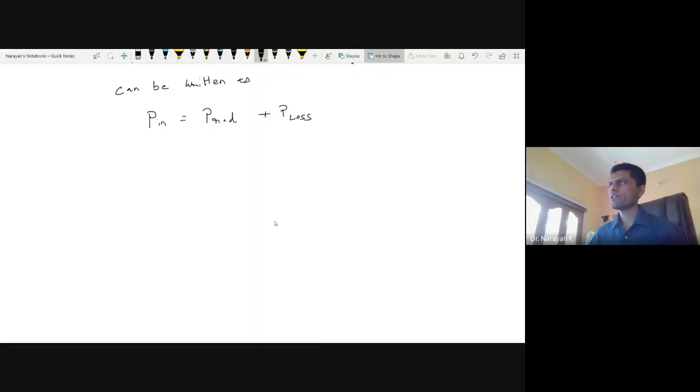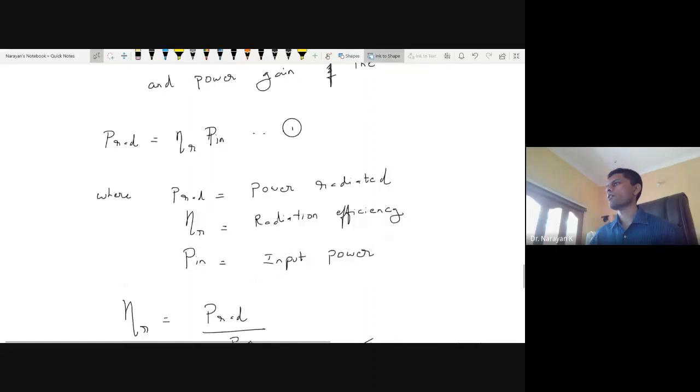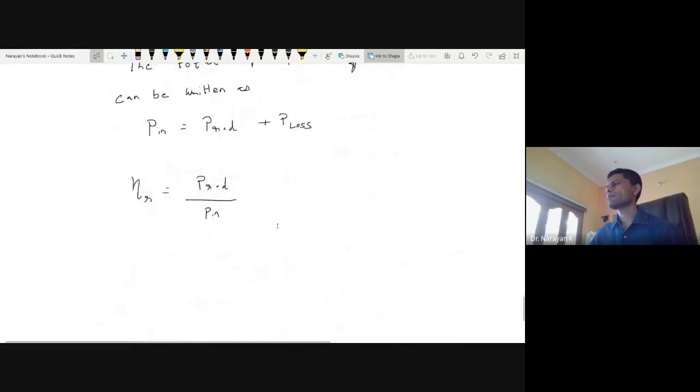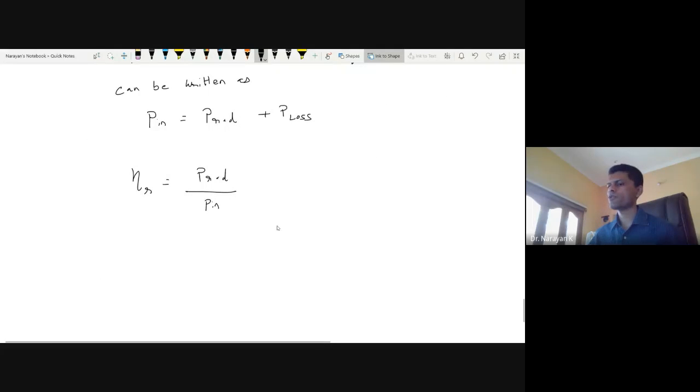So in terms of radiation efficiency, we know that radiation efficiency is nothing but power radiated divided by input power P in. If I substitute the input power in this equation, radiation efficiency will be power radiated divided by power radiated plus power lost.